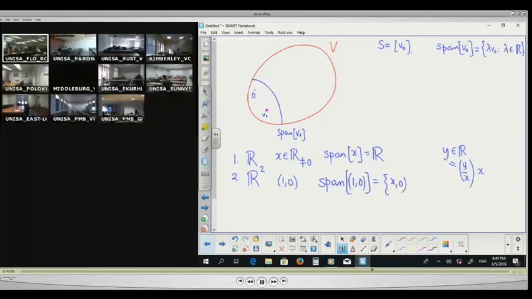You have the 0, 1 in the y-axis, which is not there. Okay? So, why I said so? So there can be cases where you might have a member here. You might have a member here.